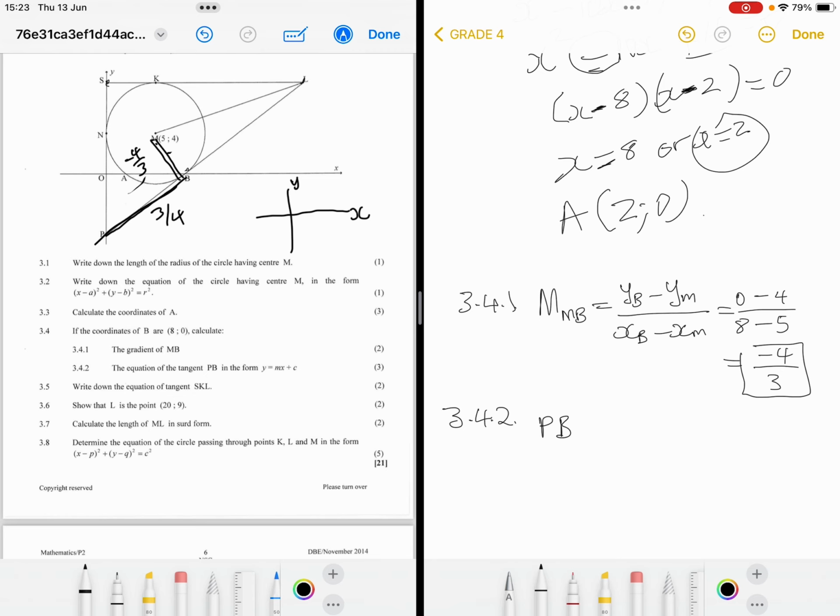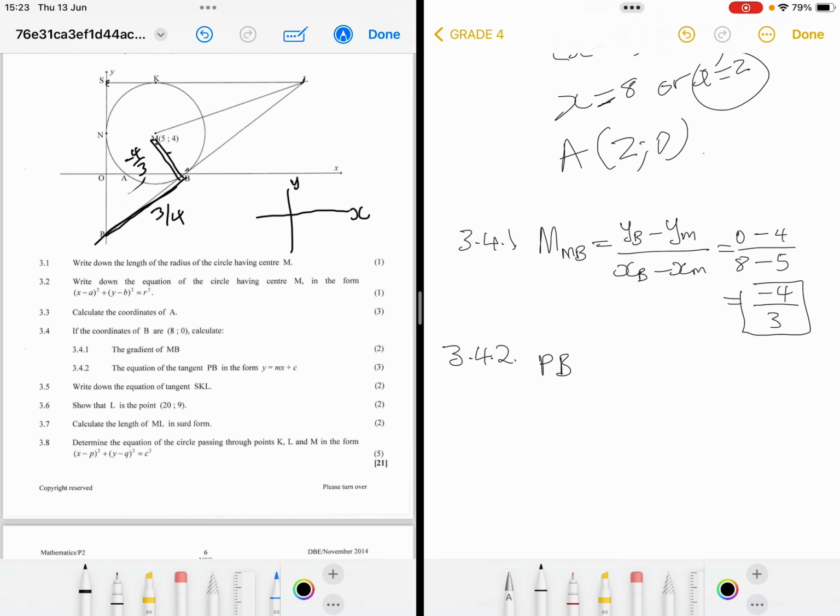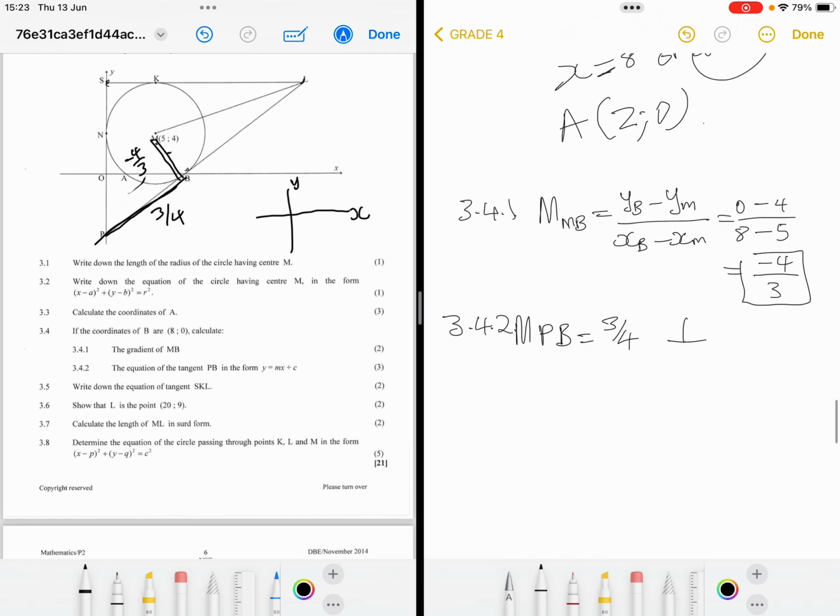So the gradient of PB will be 3 over 4. So perpendicular, it means you have the equation y is equal to 3 over 4 x plus c.